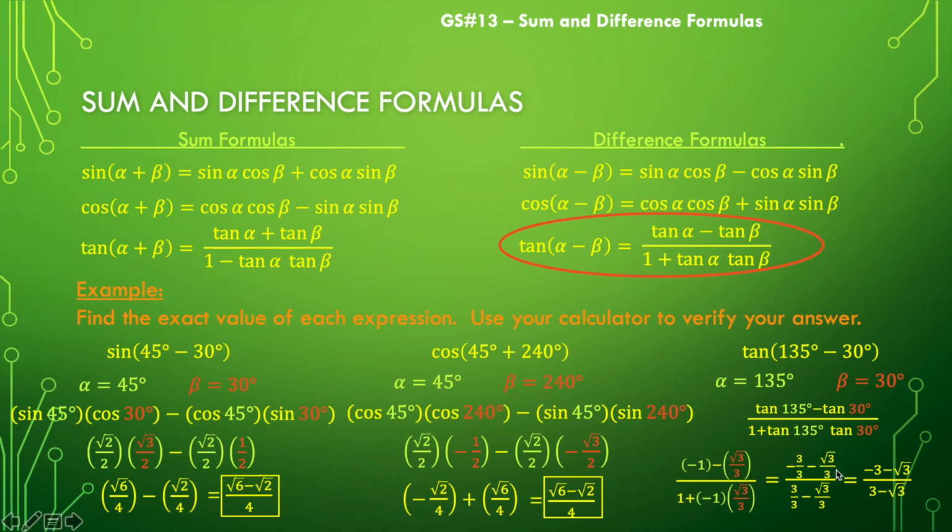So I have -3 minus rad 3 over 3 minus rad 3. Okay, so maybe your instructor will be happy with that answer. And this is where you just really need to know their preference, and I can't really advise you there.